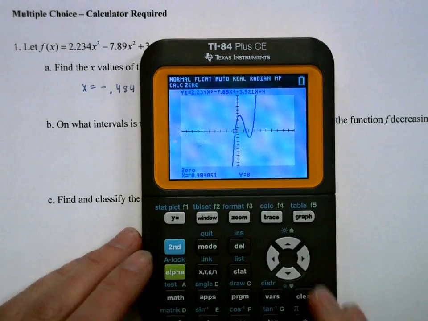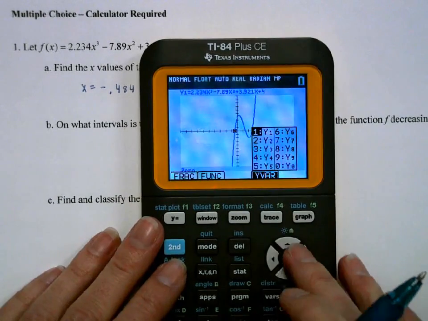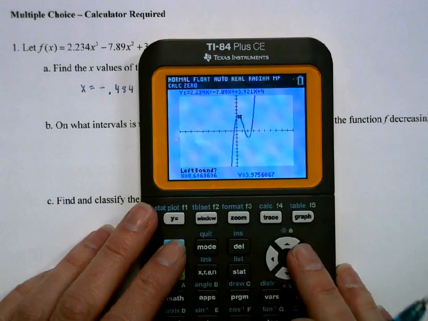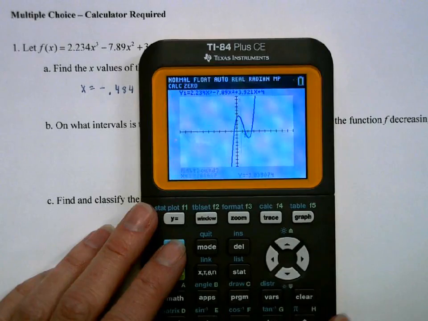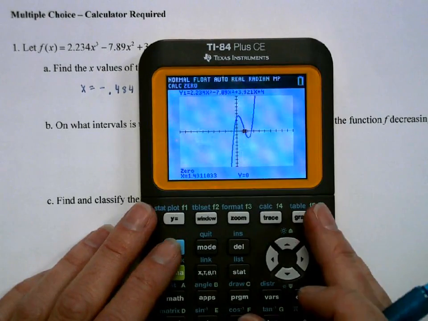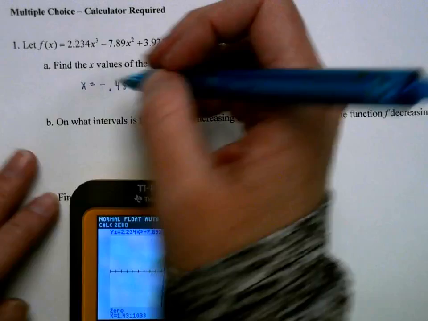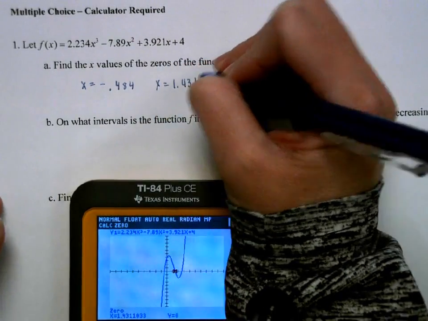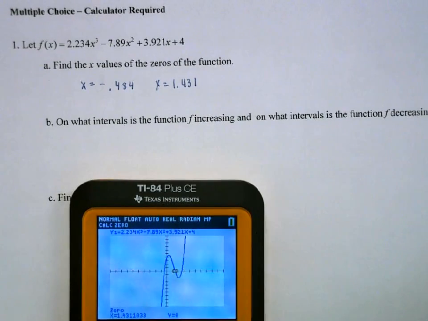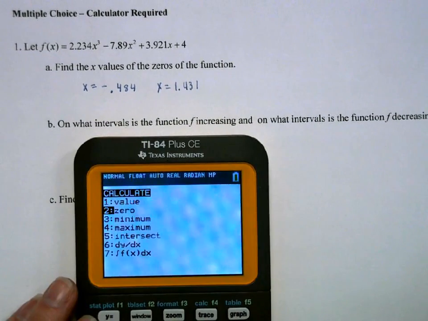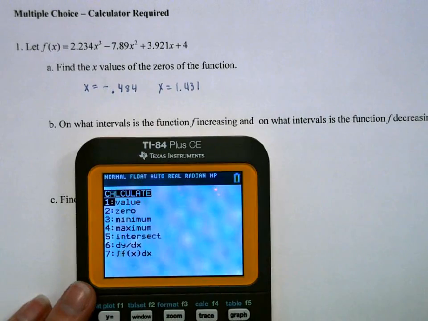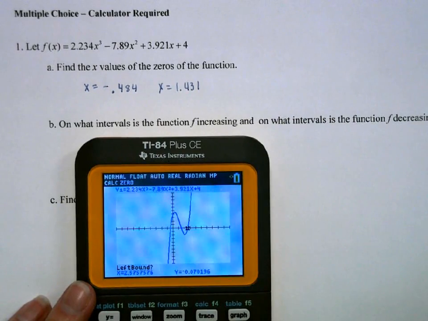Left, right, guess is at 1.431, and then the last one is at 2.584.